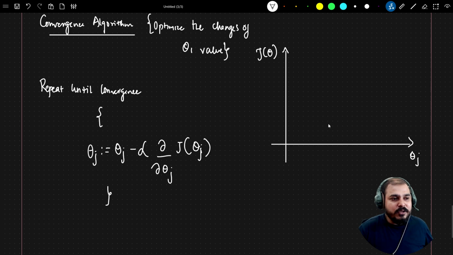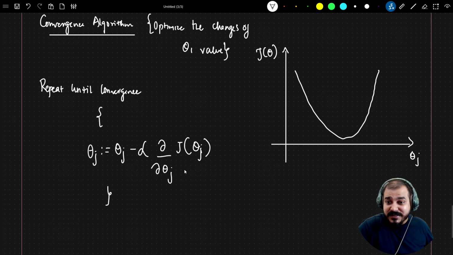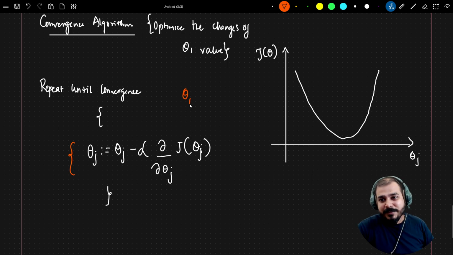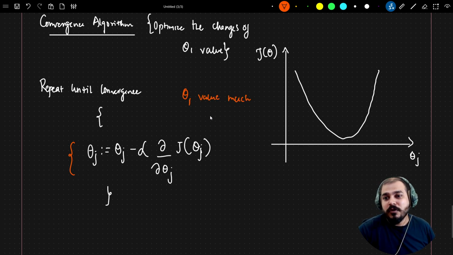You know that we usually get this kind of gradient descent. And this equation is definitely going to work. That basically means this equation helps us change our theta value, specifically in our problem statement the theta1 value, much more efficiently.